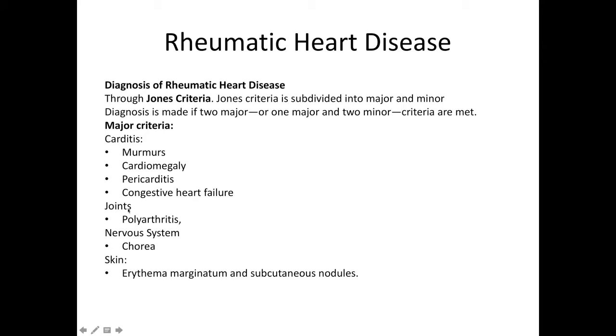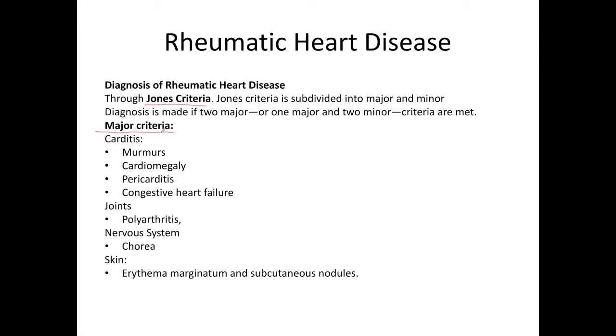How do we diagnose this in our patient population? Well, again, a couple of buzzwords here. We have this thing called Jones criteria, which is the set of factors that leads us to believe that the individual may have rheumatic heart disease. We look at whether or not certain criteria are met. What I'm showing you on this slide are the major criteria.